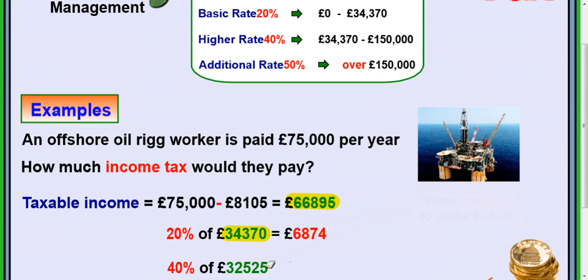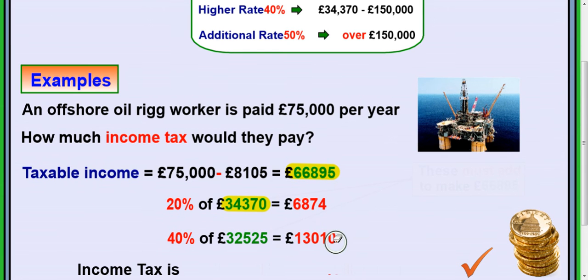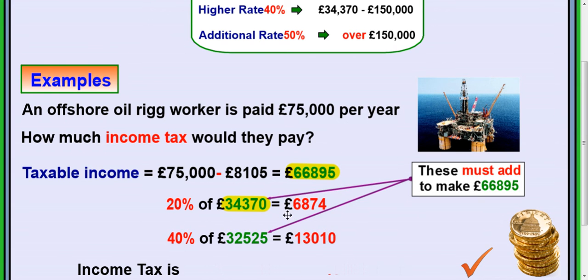And that's 32,525. Okay, and 40% of that comes to 13,010. So remember, these two figures here must add up to this. That's how it works. And to get that, you could just do a takeaway sum of these two figures.